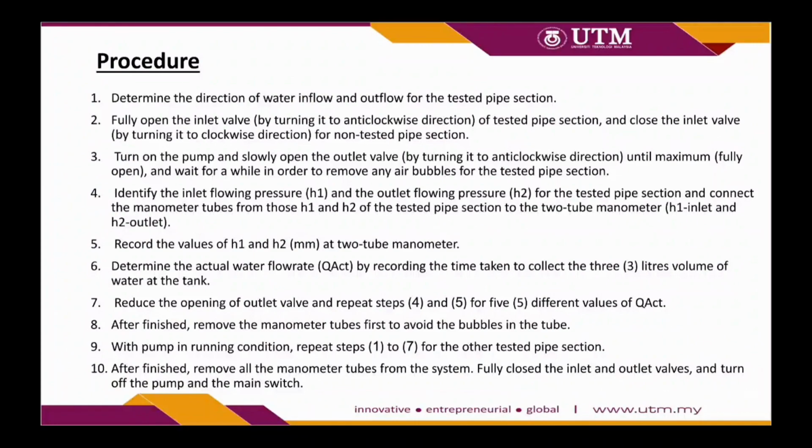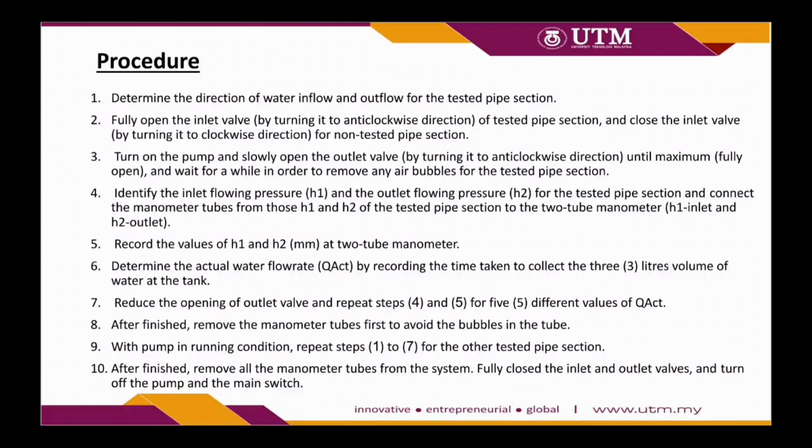4. Identify the inlet pressure H1 and the outlet pressure H2 for the test pipe section, and connect the manometer tubes from those H1 and H2 points of the test pipe section to the two tube manometers, H1 inlet and H2 outlet. 5.